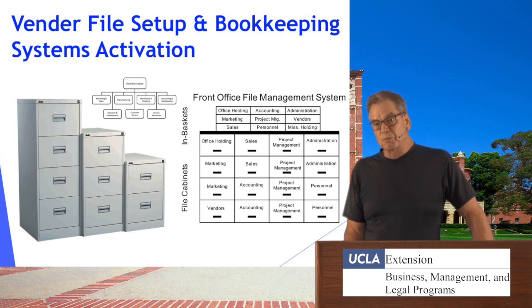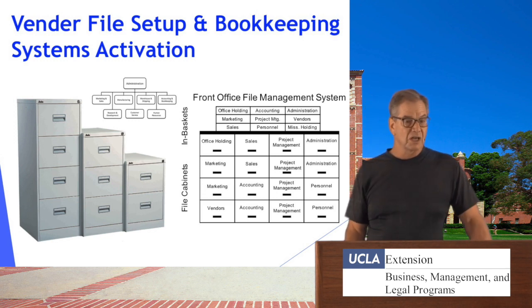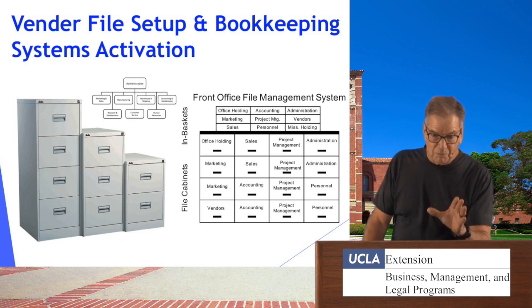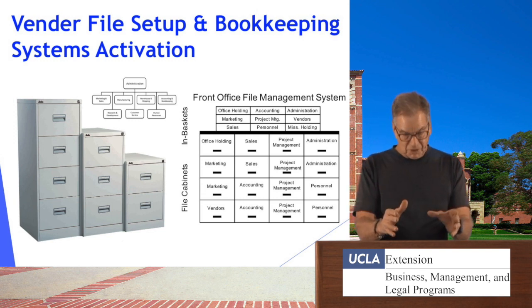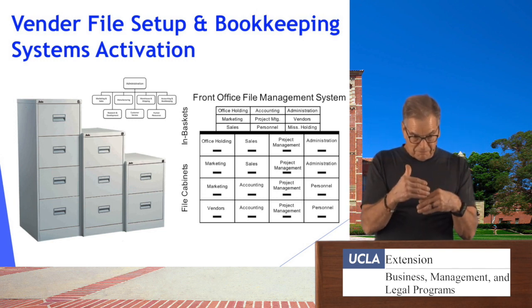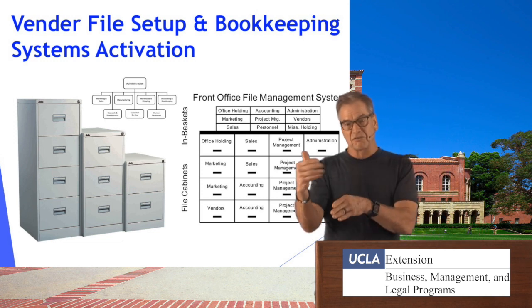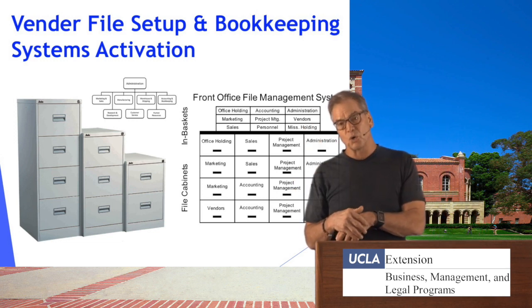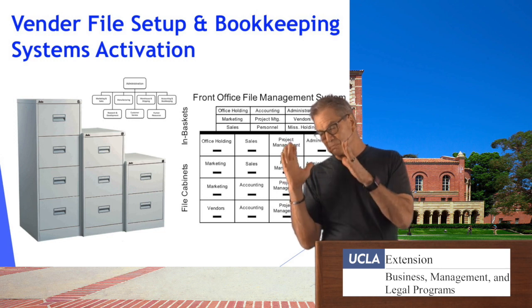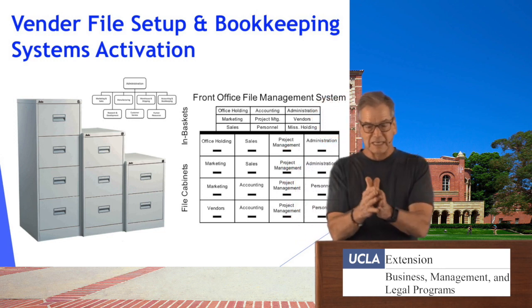Know that whatever business entity you have, sole proprietorship or corporation, you want to have vendor files for your business stuff and then another set of files for your household gas bill, electric bill, telephone bill, and keep these separate.